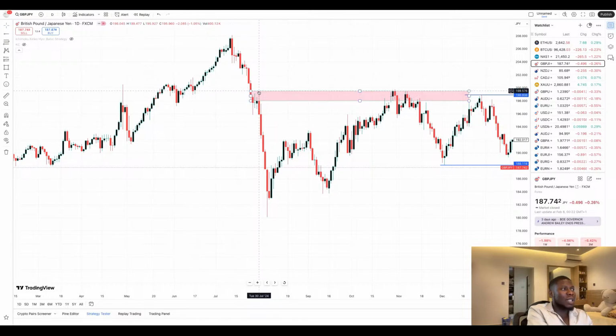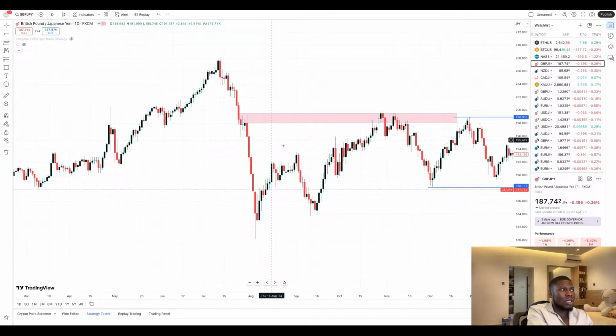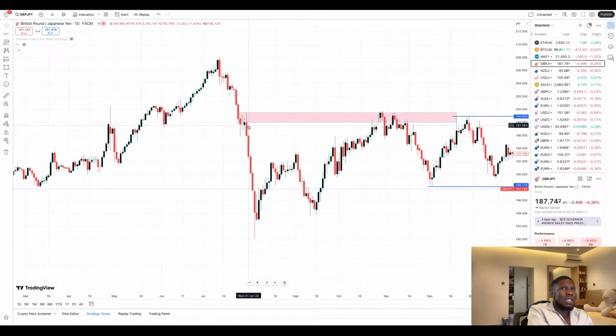That means there was a very massive sell-off from this region without any green candle. So this is an area of very good supply zone. What it tells you is that there is a whole lot of selling pressure at this region. So whenever the market comes back to this zone, it's a very important zone.